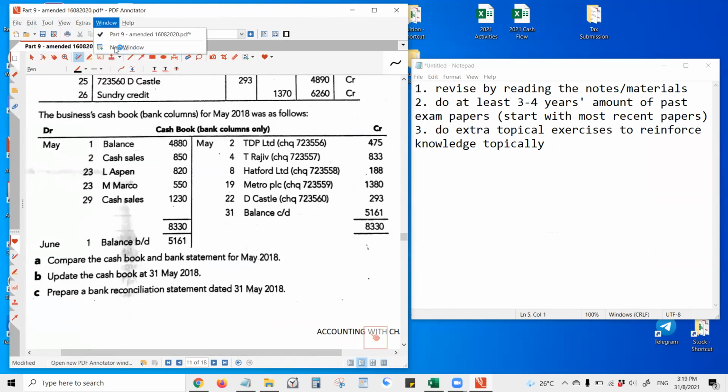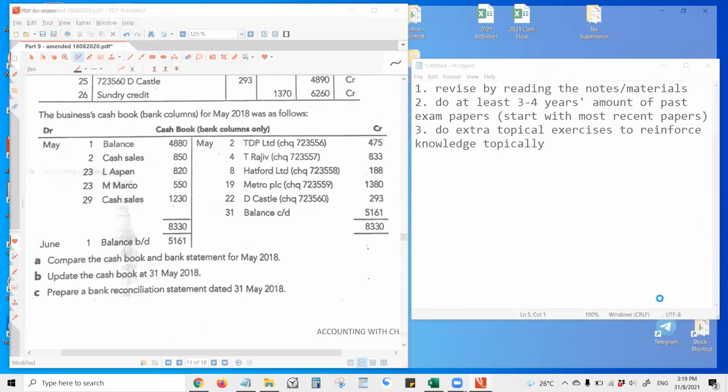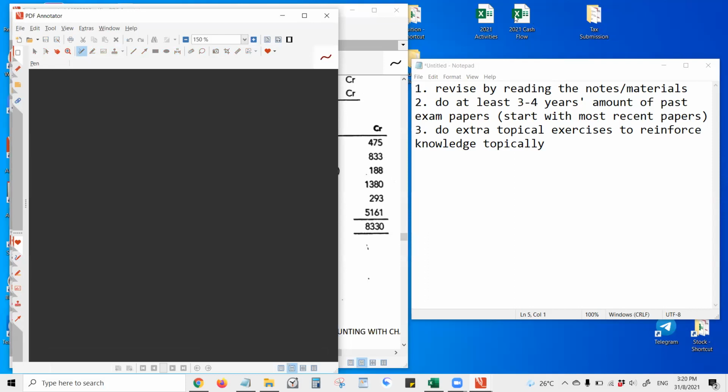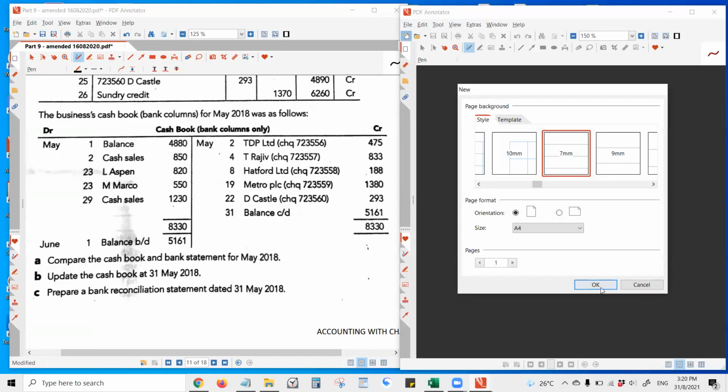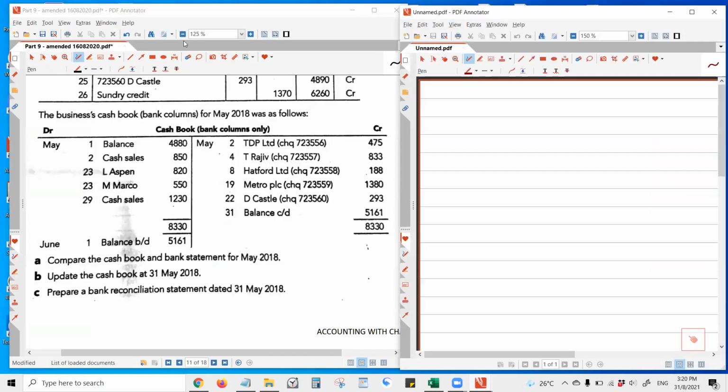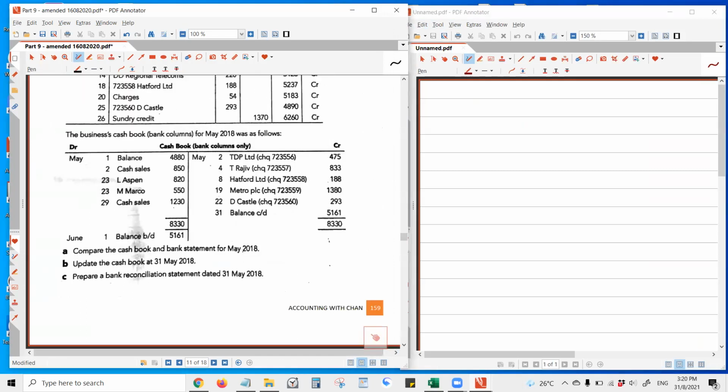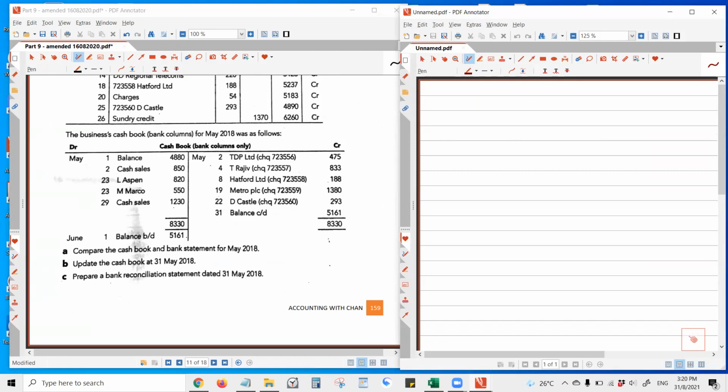So I'm going to pull out my paper as well. Okay, my paper is on the right. You are on the same page, 159? Okay, good. Now we start to do this question as the example.